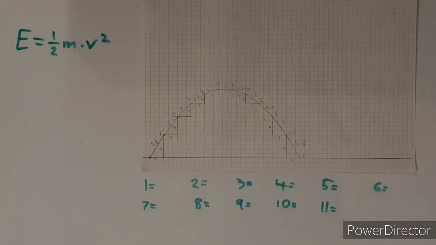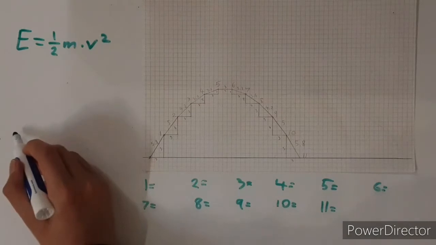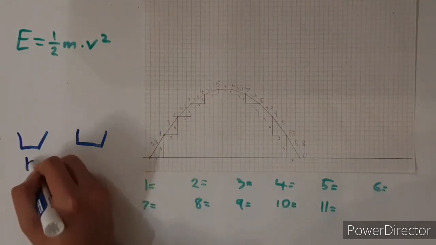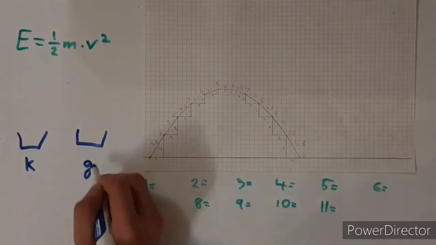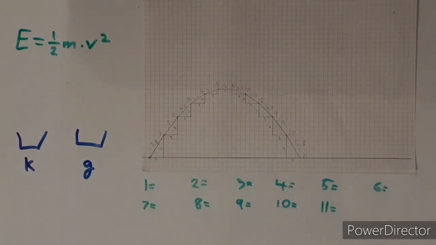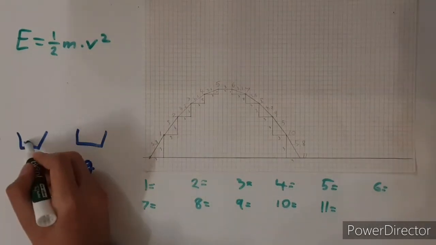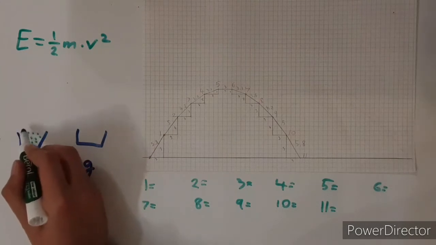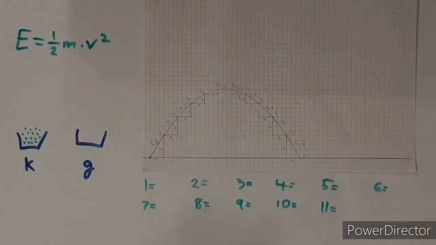A good way to think about it is that there are two baskets, one for kinetic energy and one for gravitational potential energy. If we imagine there are grapes, and the grapes represent the energy in the object, they all start in the kinetic energy basket.